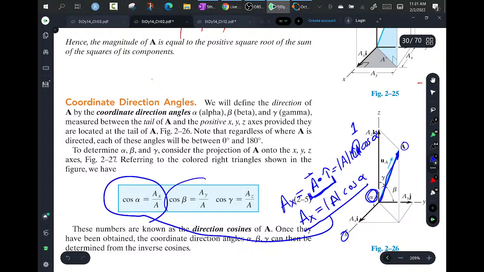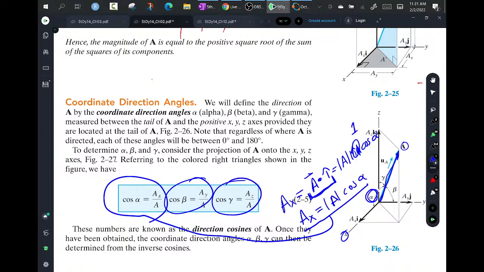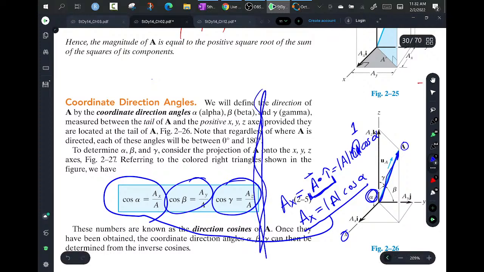So these were generated by dot products. So they should have introduced you to dot products, got you used to that a little bit. Then they could have gone in here and done that. But, you know, they just gave you this formula and said, well, why don't you accept this for now, and we'll deal with it later.